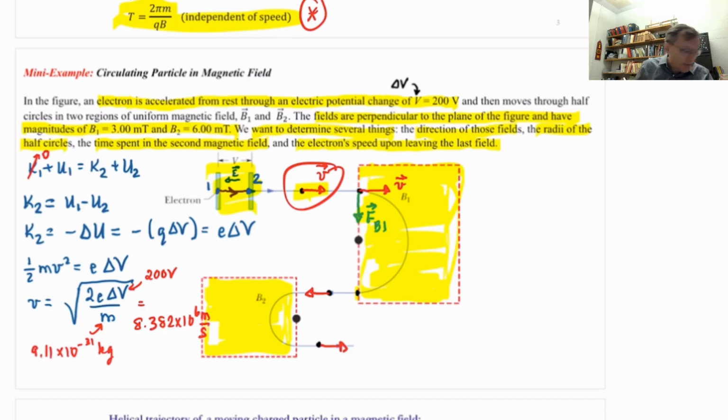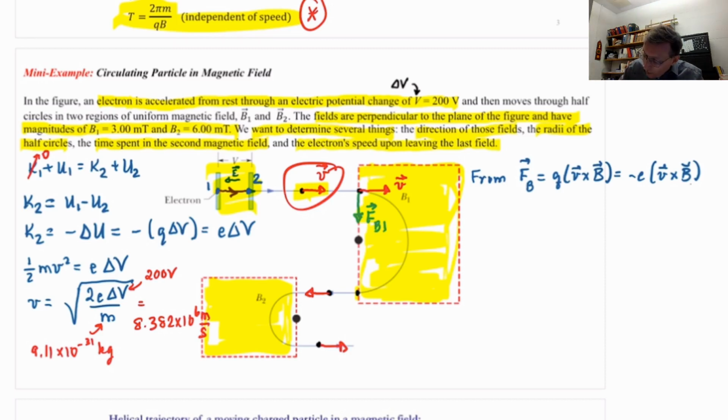So let's just figure out then, from the magnetic force law, FB equals Q times v cross B, or negative little e times v cross B. Which way the magnetic field, it's got to be B1 here, doesn't it? Which way that B1's got to be pointed, so that I get the FB1 in the direction you see.